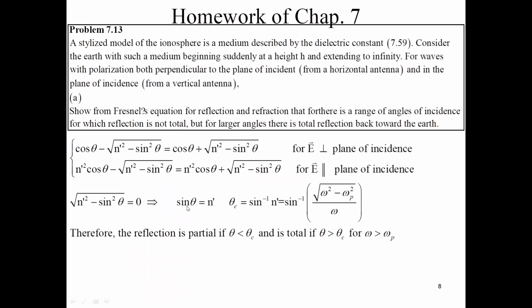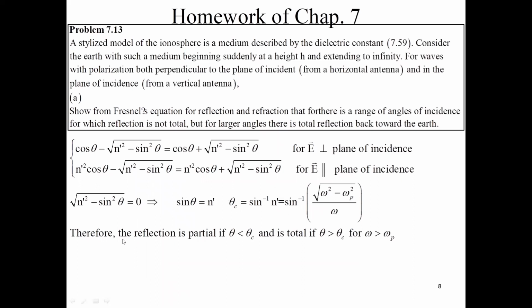So if sine theta equals n prime, then the reflection will occur. The omega c will equal the expression in terms of n prime, which is equal to this term.